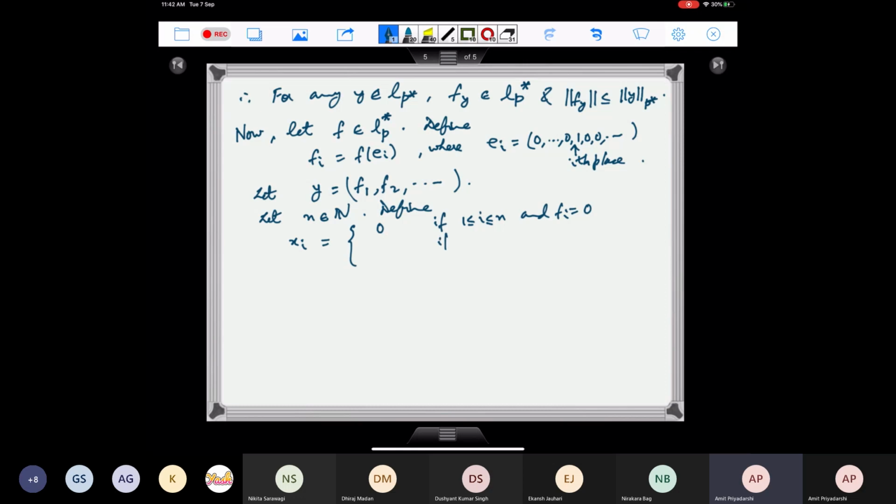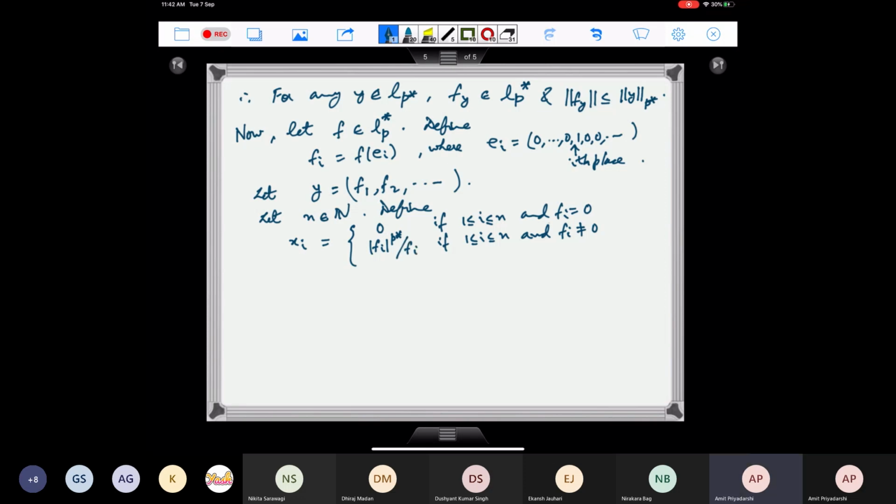And if fi is non-zero for i between 1 and n, then we define xi to be equal to mod fi raised to power p star divided by fi.